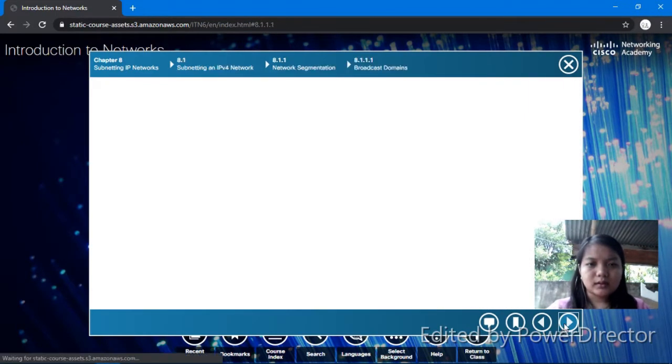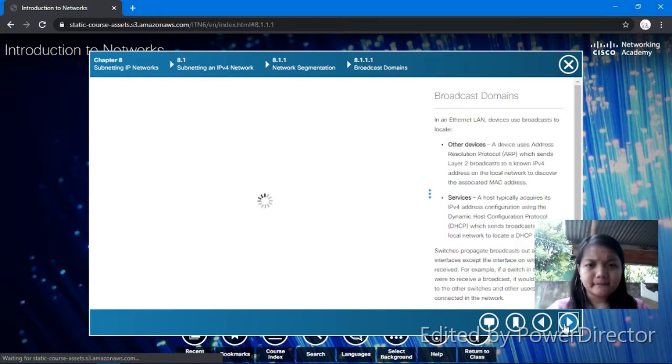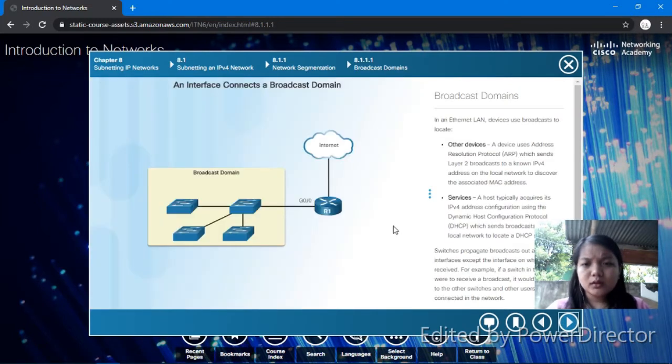So next one is the broadcast domain. In any Ethernet LAN, devices use broadcast to locate other devices. A device uses Address Resolution Protocol, or ARP, which sends a Layer 2 broadcast to an unknown IPv4 address on the local network to discover the associated MAC address.